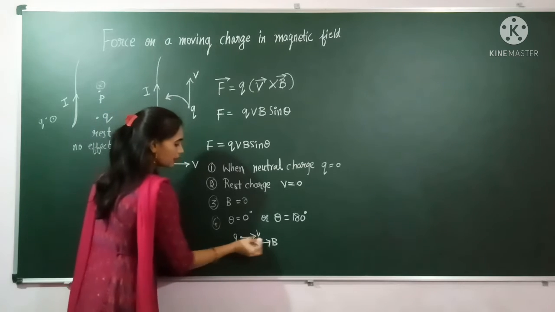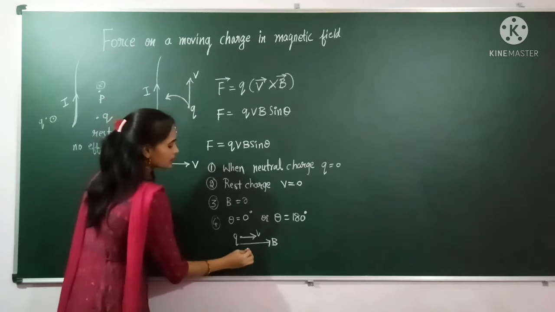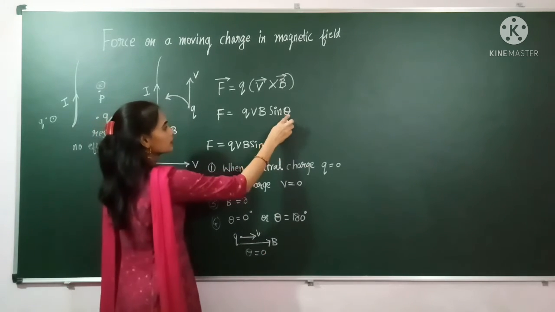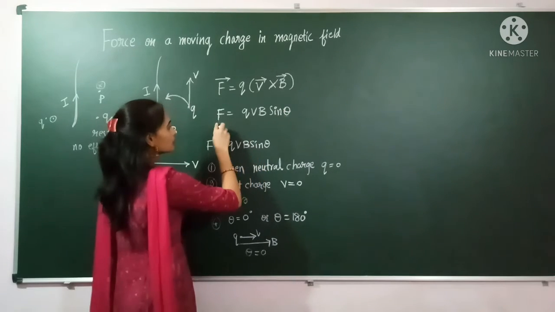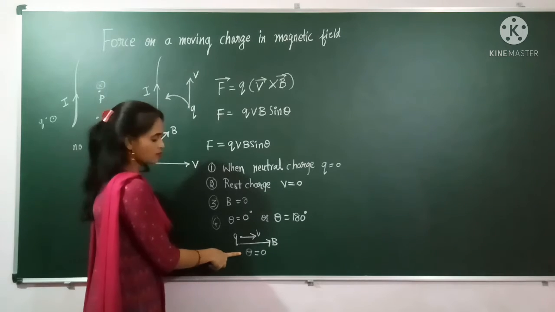If both are moving in the same direction, theta value will be taken as 0. So if you substitute this 0 value here, sin 0 will become 0, then the force is also 0, meaning in this case our magnetic force will become 0.